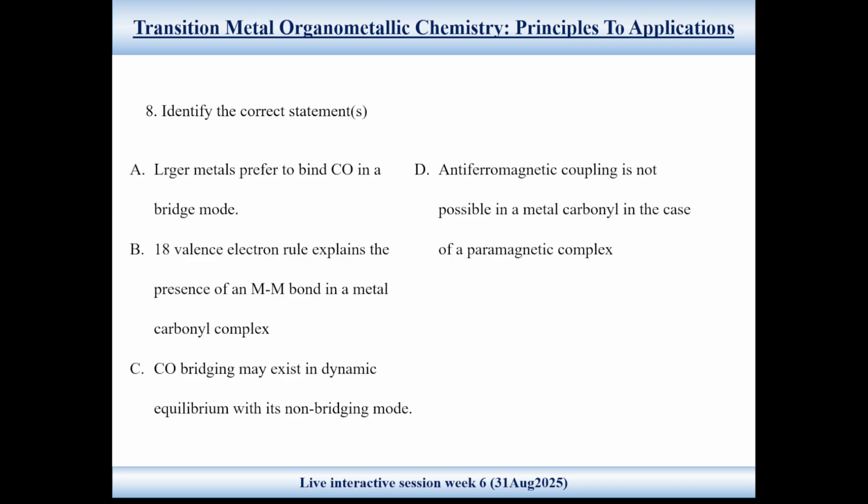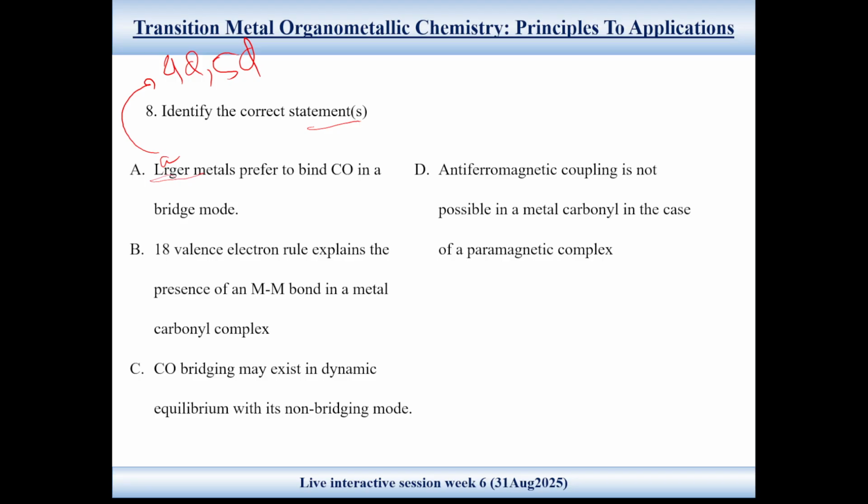Next is: identify the correct statement or statements. Statement A: larger metals, meaning 4d and 5d, prefer to bind CO in a bridging mode.